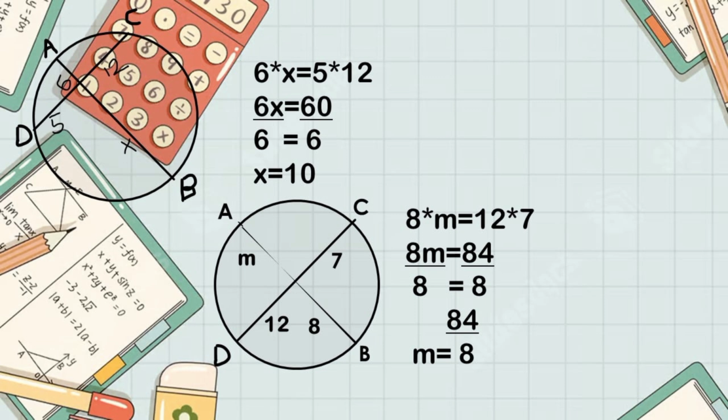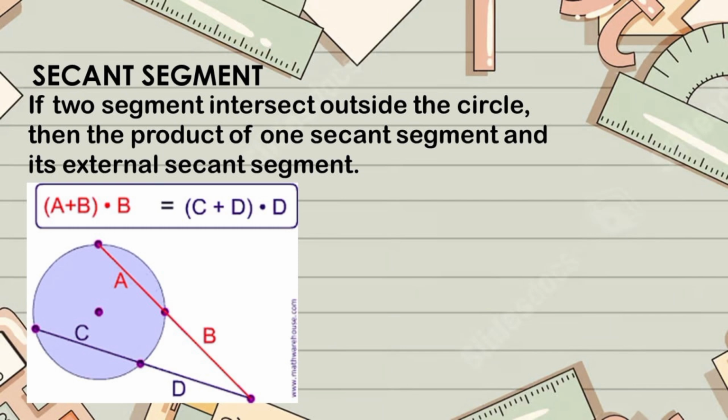Then let's look at the other equations for finding segment lengths. Secant segments: if two secant segments intersect outside the circle, then the product of one secant segment and its external secant segment equals the other. If you see, there are red and blue lines.